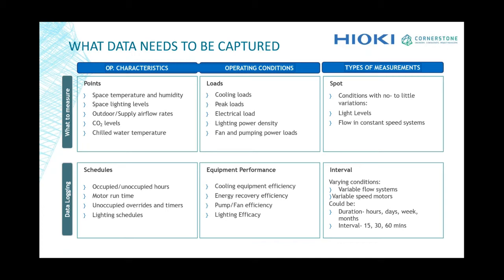You look at the chill water system, we have chill water flow measurements taken to understand what is the supplied flow across different zones. Looking at fan pumping power loads, we look at lighting power density, which is what is the lighting kilowatt per area of a zone that it's feeding. So all this will be studied in terms of loads. Measurements would include, I would come to the instrument in the next slide, spot measurements as well as interval logging.